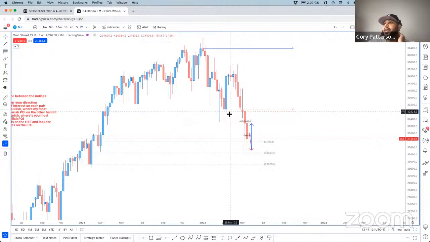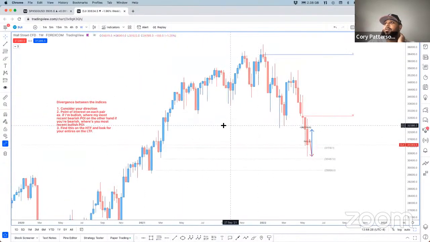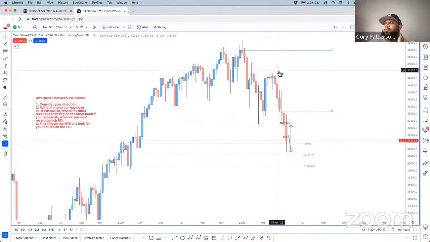Then it traded down to this low, tried to stop, tried to push up, it failed, and it went lower. Then what did it finally do? It came down to this bullish order block, right? So if we look at order flow, we went from high to low, order block, back up to high, imbalance, that's your bearish point of interest.